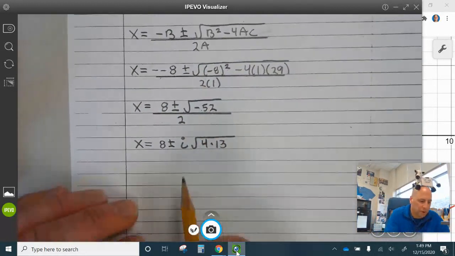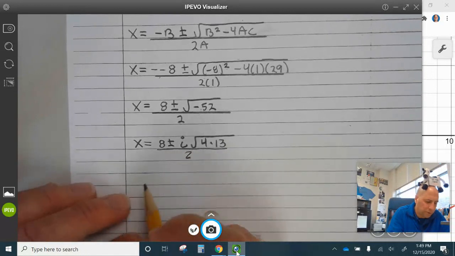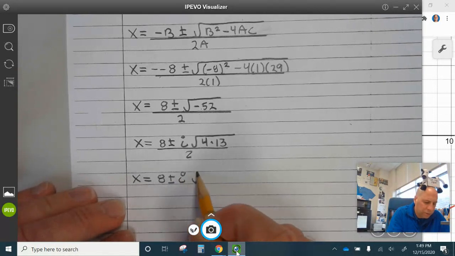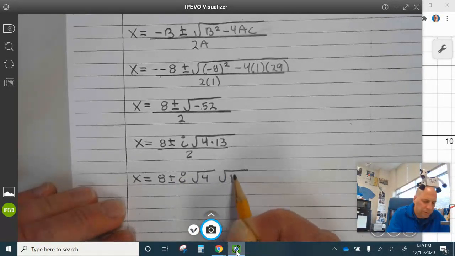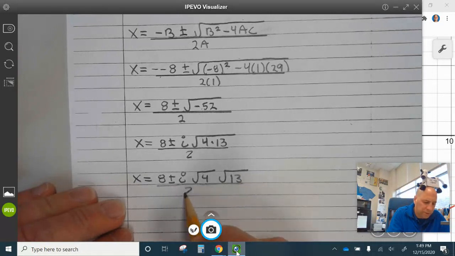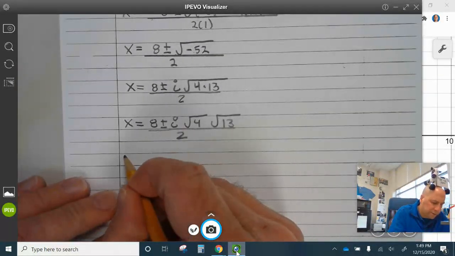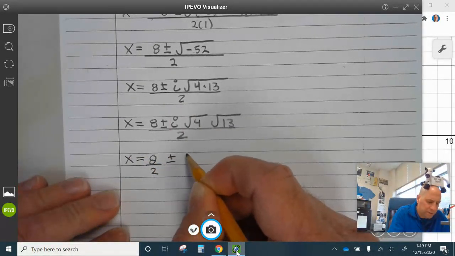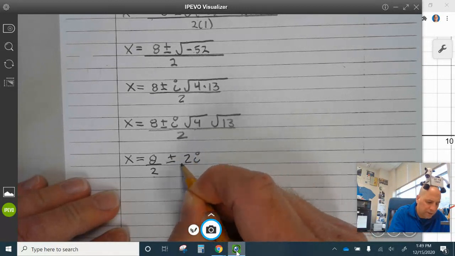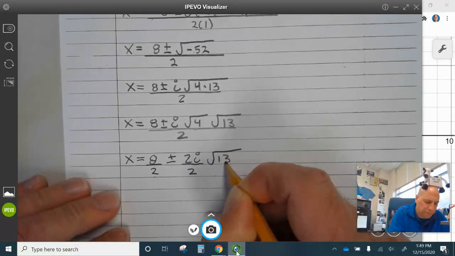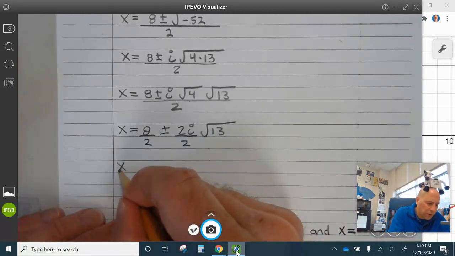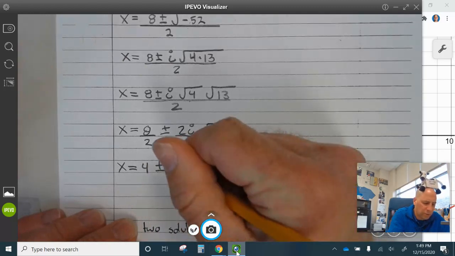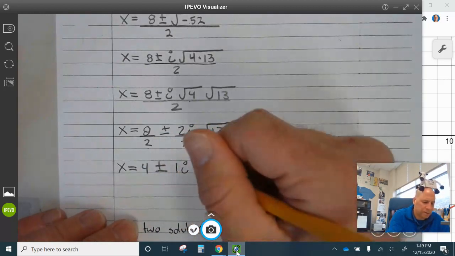Okay, divided by 2. So then x equals 8 plus or minus i square root of 4 times the square root of 13 divided by 2. So then x equals 8 divided by 2 plus or minus, square root of 4 is 2, so that's 2i divided by 2, square root of 13. 8 divided by 2 is 4, so x equals 4 plus or minus 2 divided by 2 is 1i square root of 13.